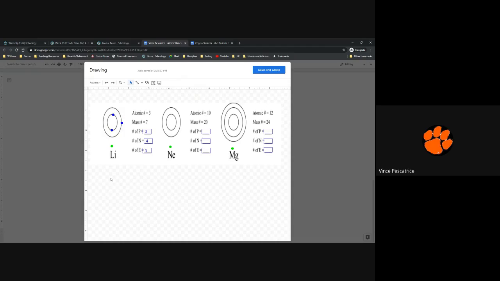That's it. I'm done with the first one. On the second one, I'm going to make one of these dots come over here. So fill in this. All right, so you should get 10 protons, however many neutrons.